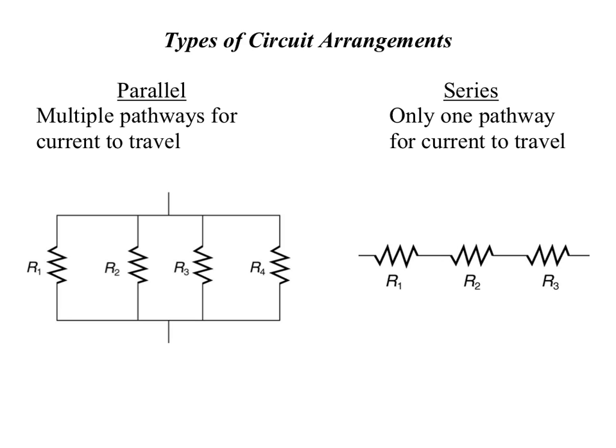We can have two types of circuit arrangements. Now we can combine them so that we have both together, but we're going to look at them separately right now. The first one we're going to look at is parallel. Parallel means that there are multiple pathways for the current to move through in the circuit. For example, if the battery was somewhere over here and the current gets to this junction here, it can go one of 4 paths.